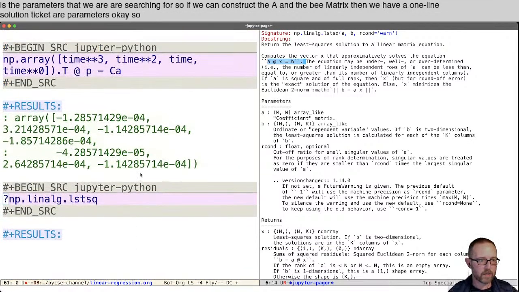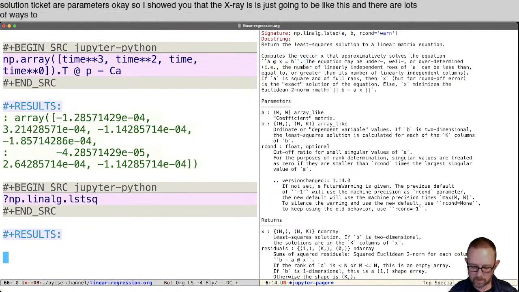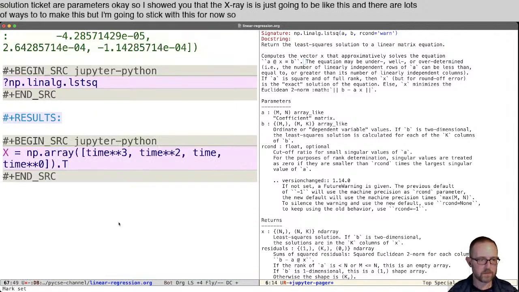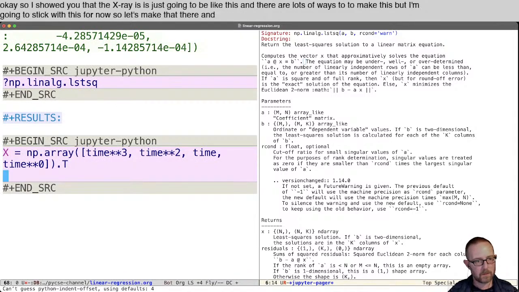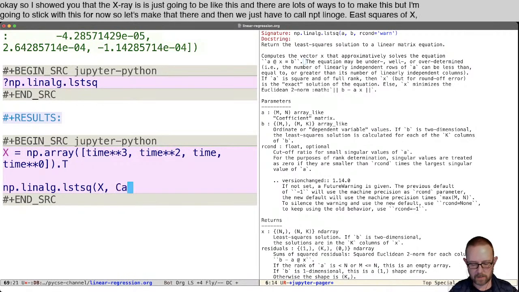Okay, so I showed you that the x array is just going to be like this, and there are lots of ways to make this, but I'm going to stick with this for now. So let's make that there, and then we just have to call np.linalg.lstsq of x, comma, ca.